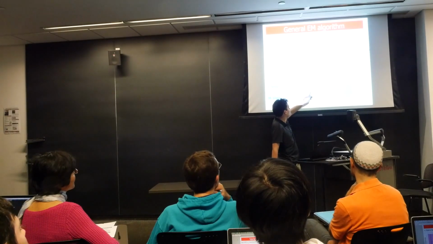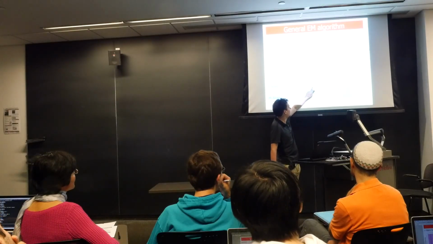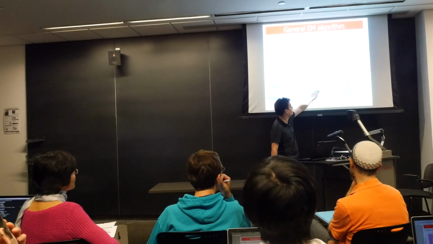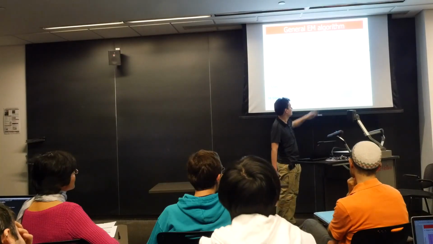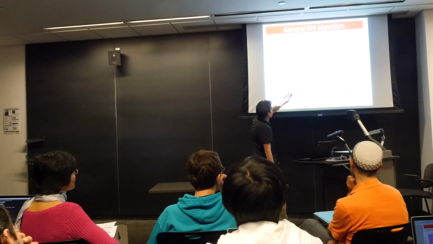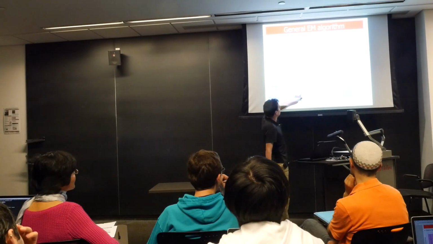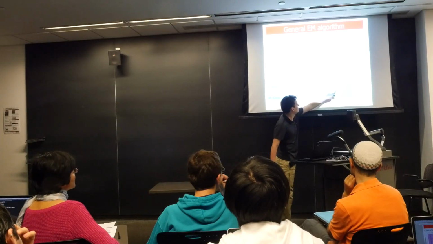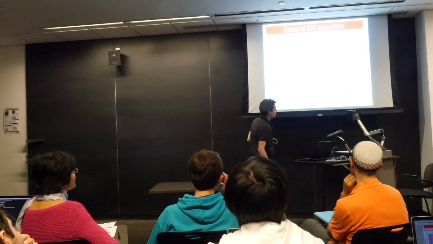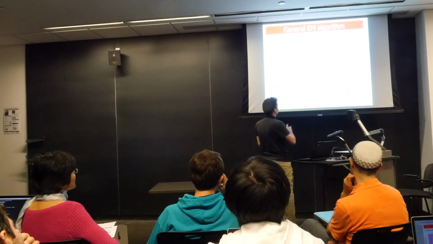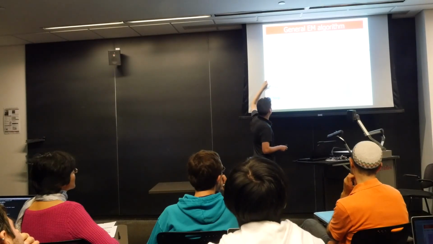And the posterior distribution with respect to y is this. So in this posterior distribution, you use parameters at time step t minus 1. So you create this Q function, which depends on theta t minus 1 and theta t. And so that's the E step.